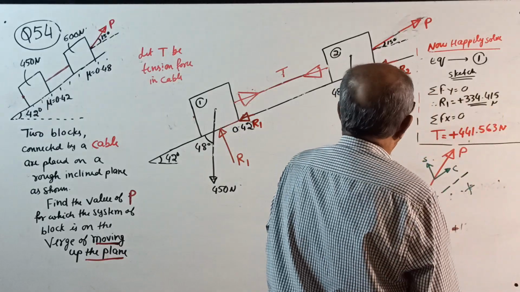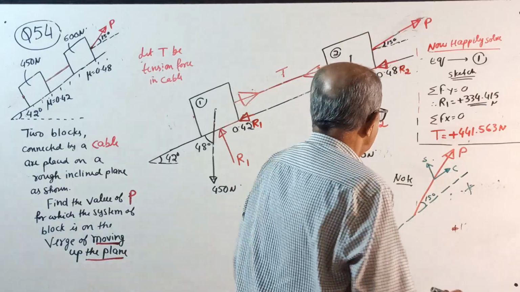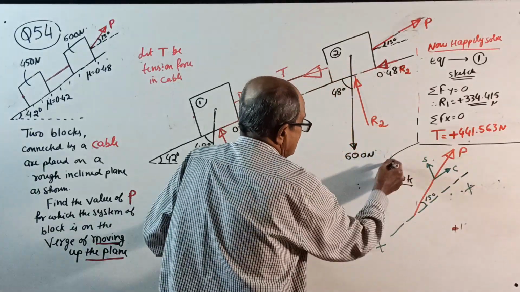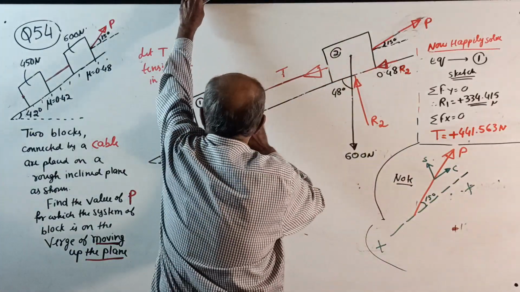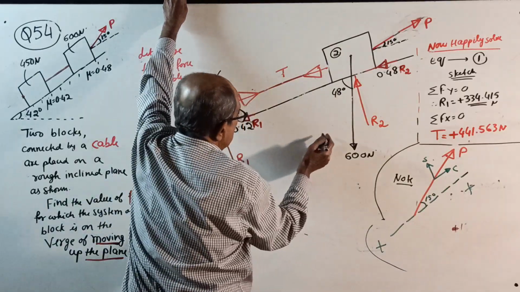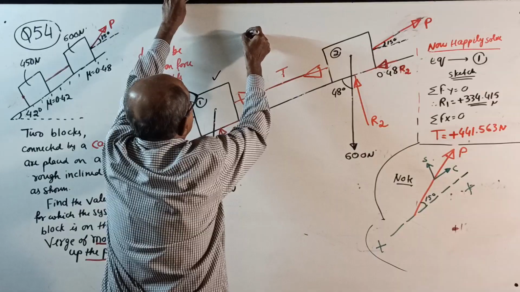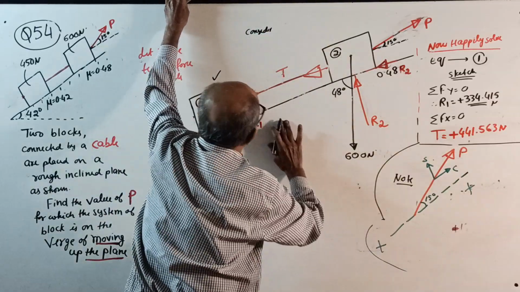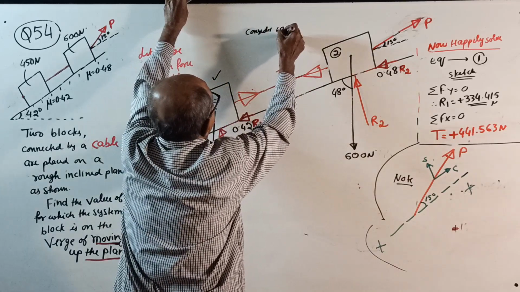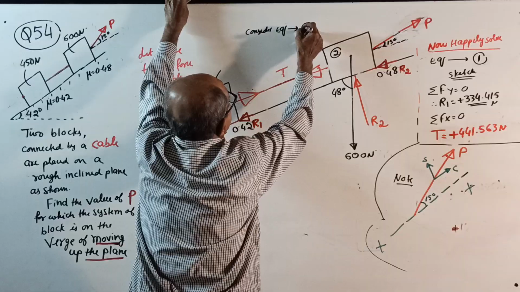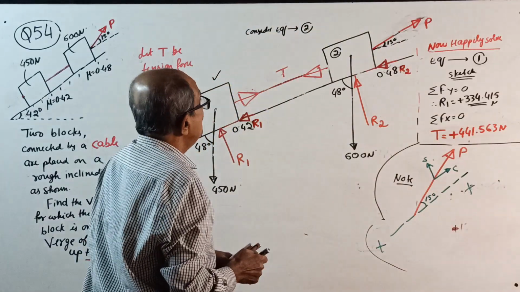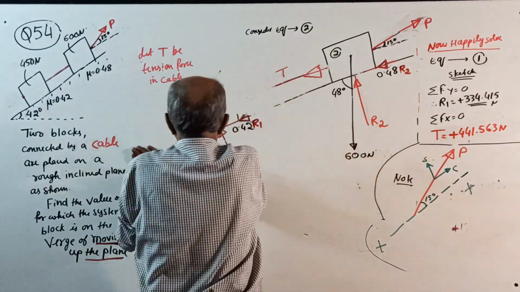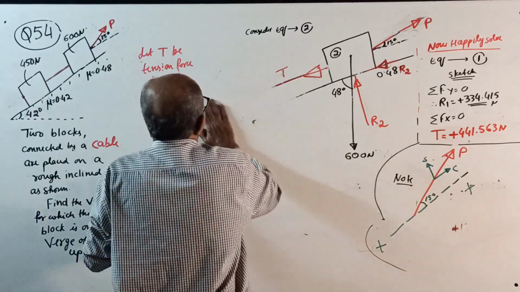See now, only for this question, don't see here. Okay. Now which one is over? Block 1 over. Now consider equilibrium of block 2. At that time, draw a neat sketch. See, this sketch you are right.